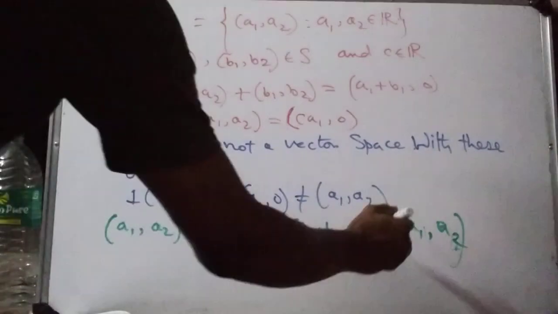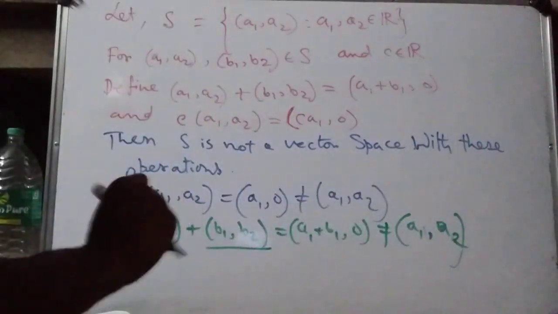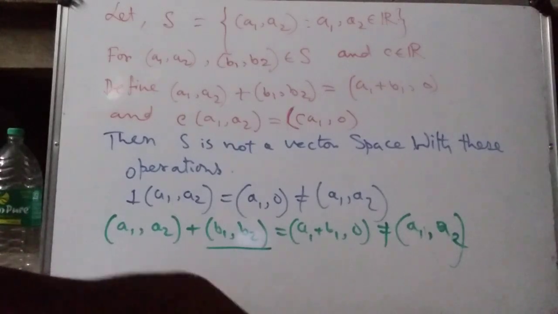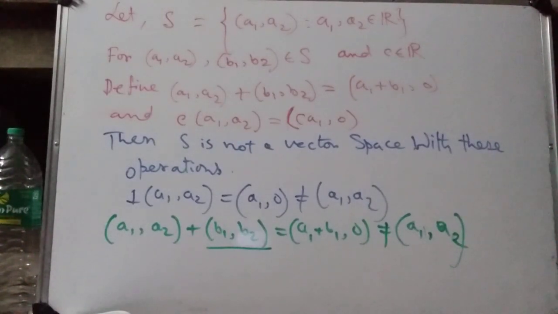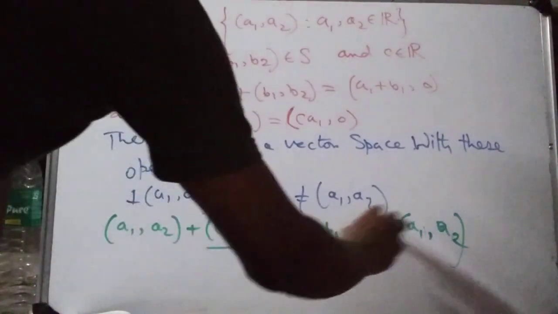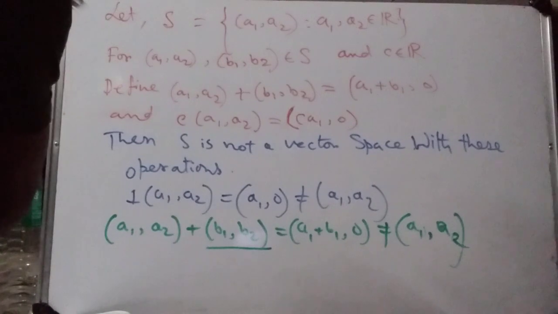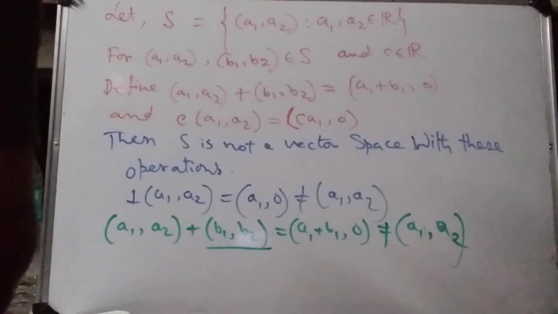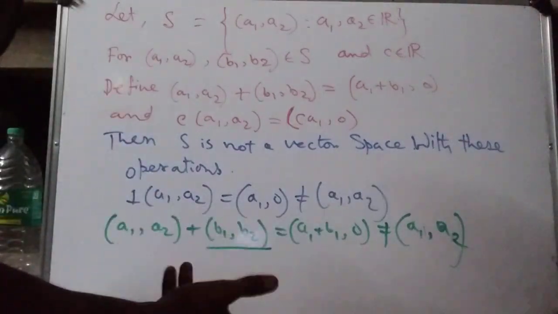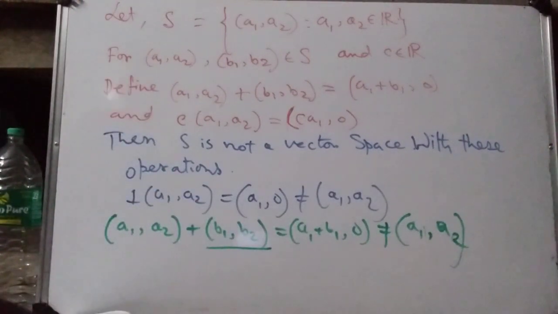This implies that b1 equals 0, not a problem, but b2 can't be expressed in any way to obtain a2. So the identity is not available with these operations. So this is not a vector space with these operations.